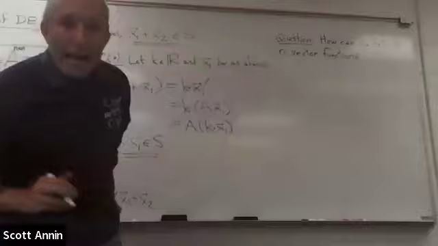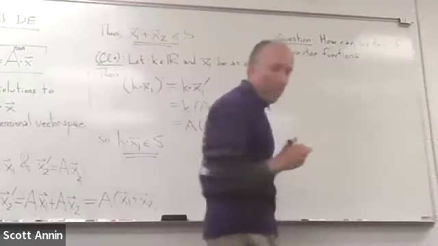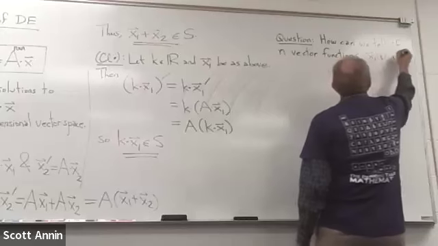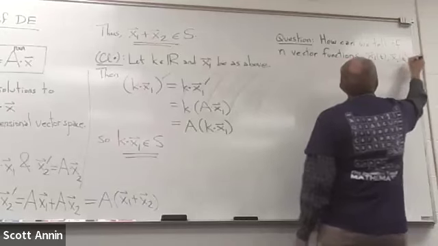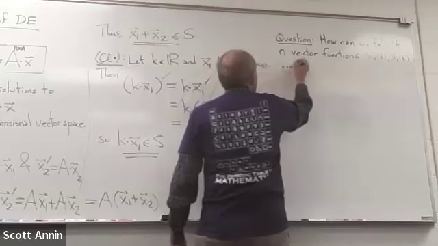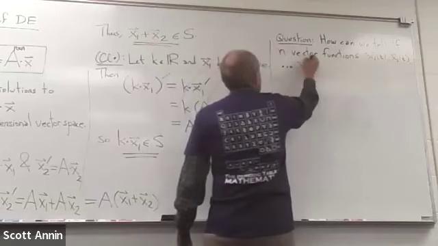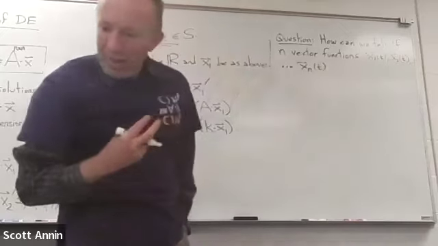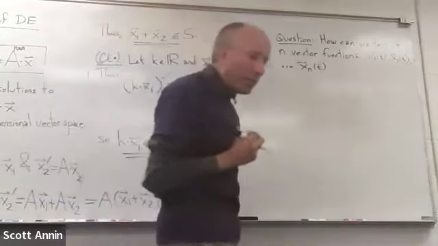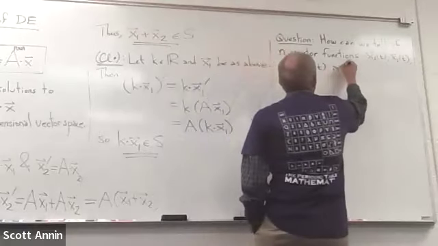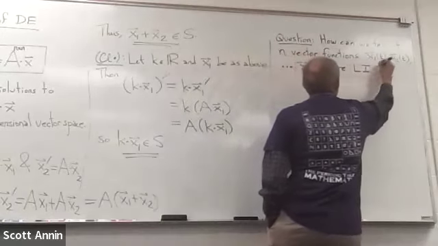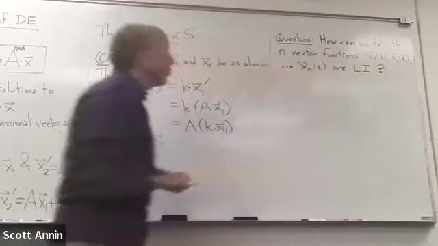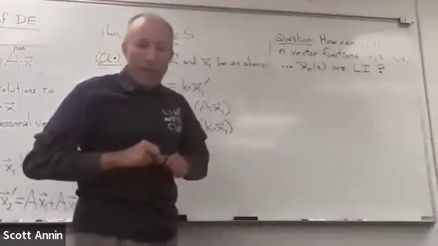How can we tell if n vector functions, let's say x1 of t, and then maybe x2 of t, and then we're going to go dot, dot, dot, right, up to xn of t. Let's say we have all of those vector functions. How can we tell if those vector functions are, in fact, LI? Right, this is a reasonable question to ask.